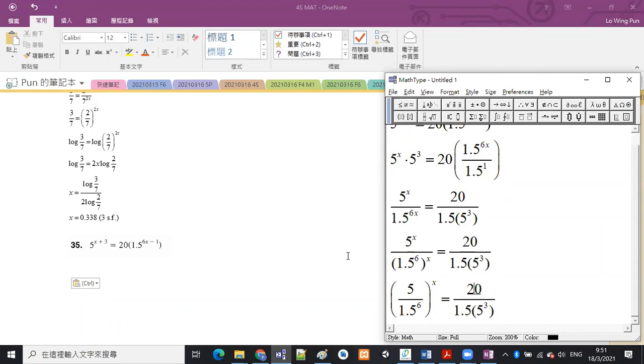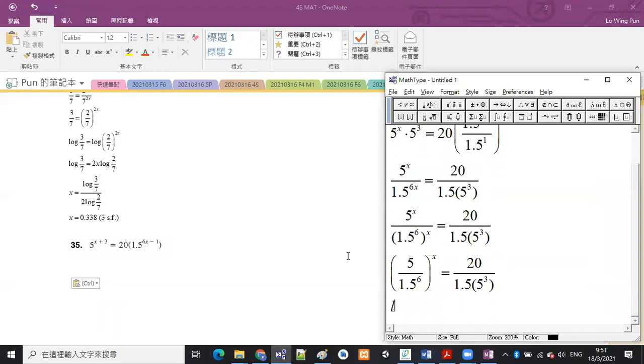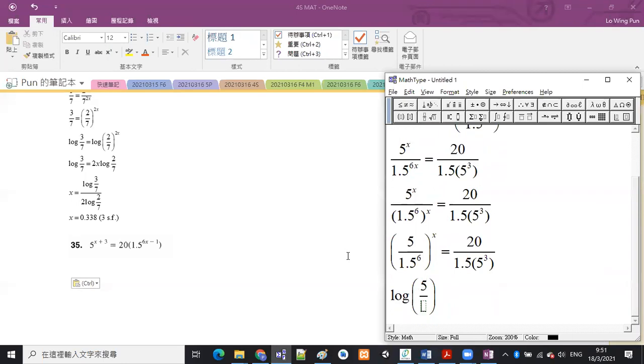So the base number is a pure number and the right hand side is a pure number, so I am ready to take log. Log this number to the power x is equal to log this number.